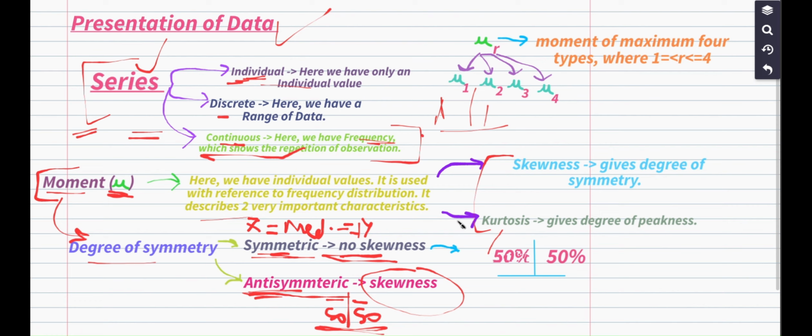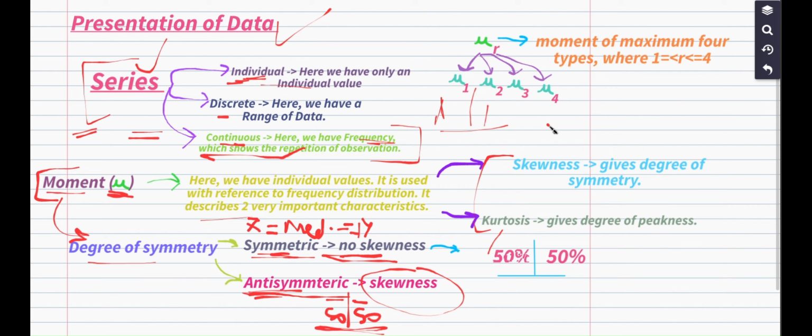Now come to the types of moment. The moment has a maximum of 4 types, denoted by r. When we calculate moment 1, r will be equal to 1. When we calculate moment 2, r will be equal to 2, and similarly mu 3 and mu 4 will be calculated.